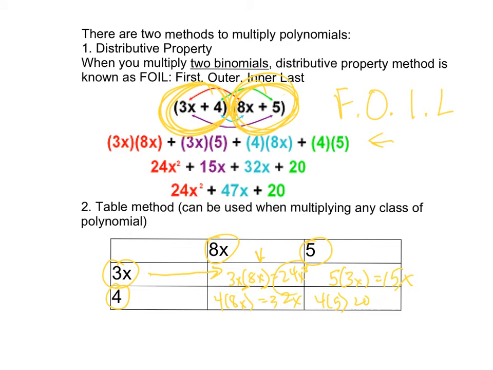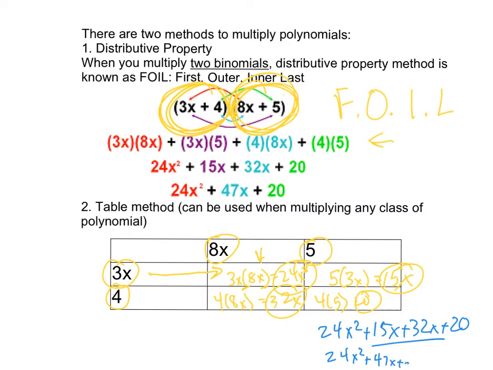And then your product, write them out in standard form. 24x squared plus 15x plus 32x plus 20. And then simplify, always simplify. 24x squared plus 47x plus 20, which is the same thing you got for FOIL.